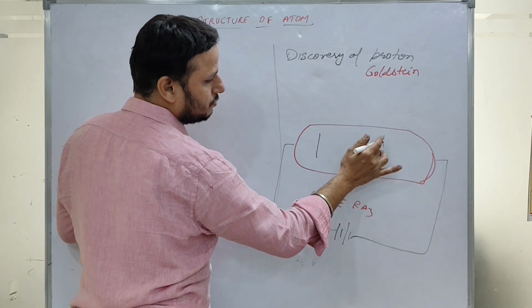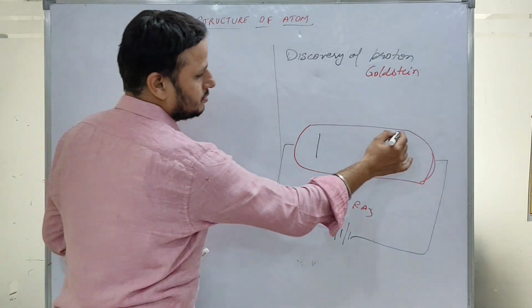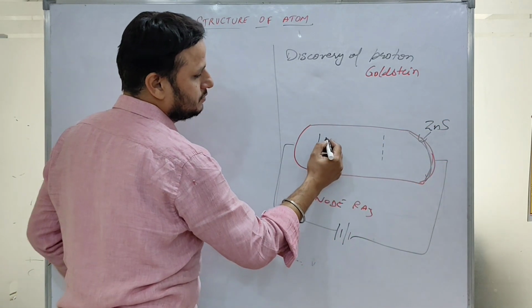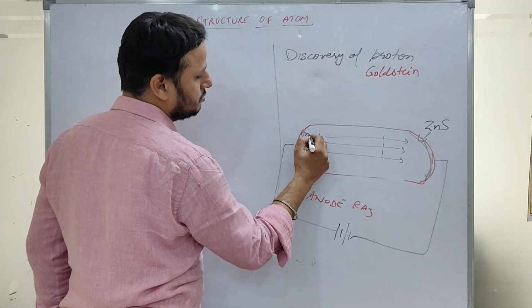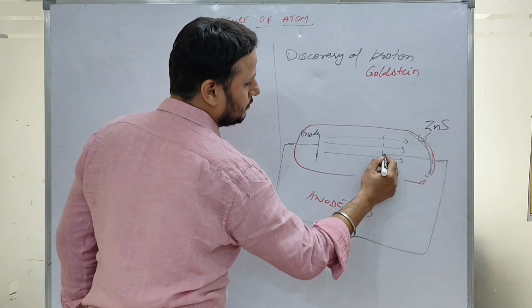The cathode was perforated, there were some gaps, and again a ZnS layer on the cathode side, and there was a ray traveling from anode, the positive terminal, to the negative terminal.